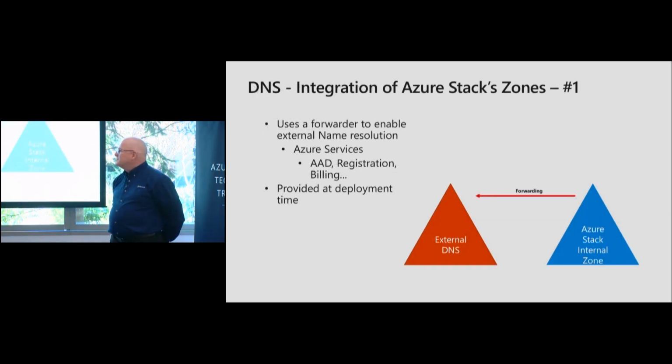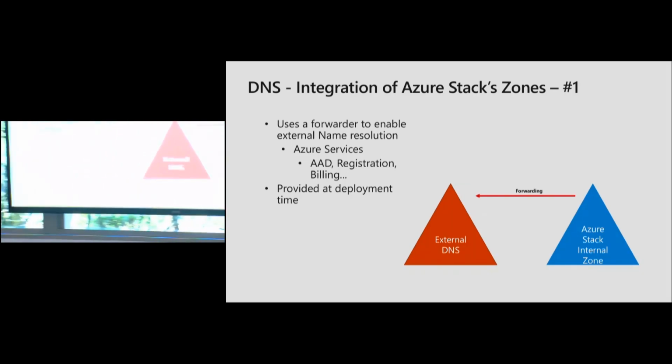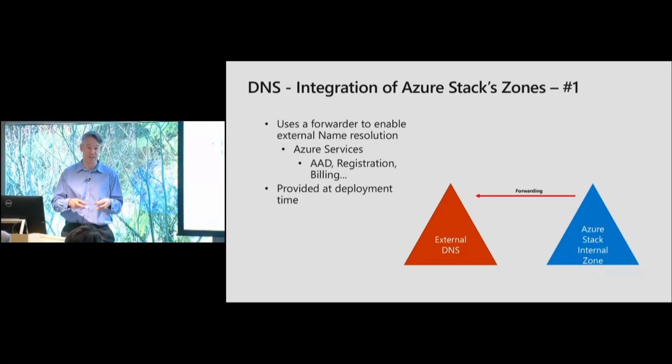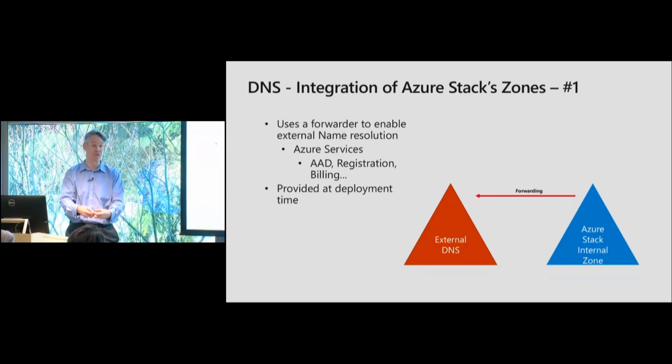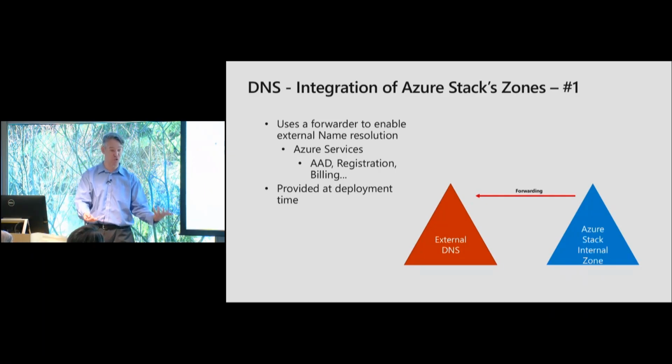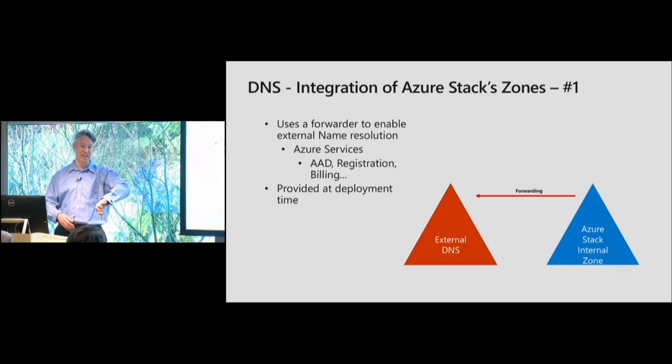I mentioned that there's DNS integration. One of the questions you answer in the pre-deployment information is what's your external DNS server. That's provided, and secretly under the covers in the fabric of Azure Stack, there's a whole Active Directory environment. So there's domain controllers in there. All the fabric VMs are joined to that Active Directory, and we use it for service accounts and that sort of stuff. There's also an internal DNS server that's part of that invisible Active Directory.